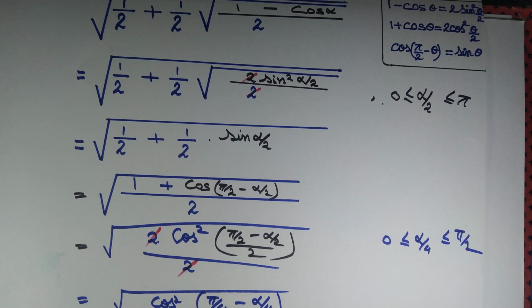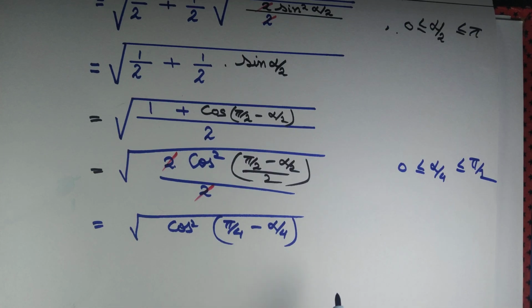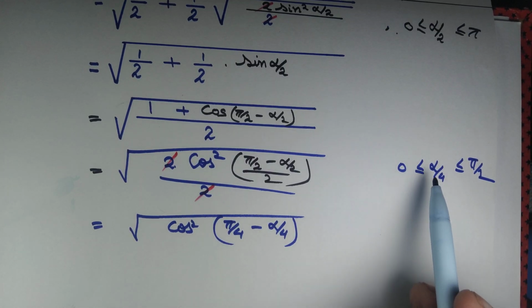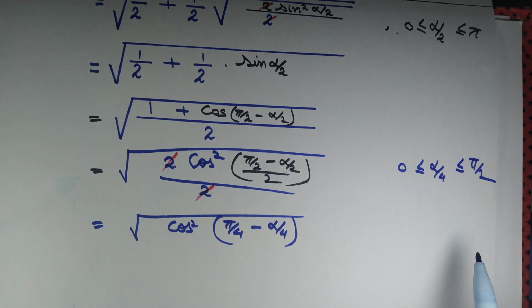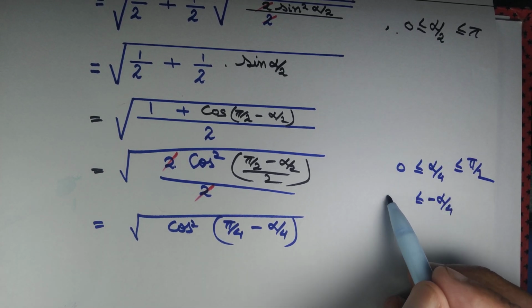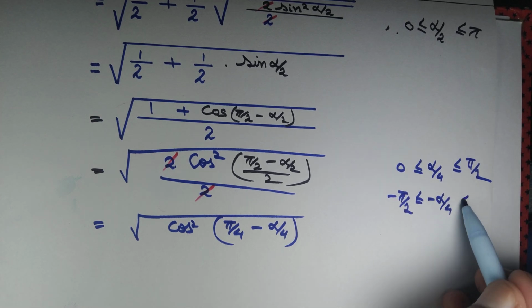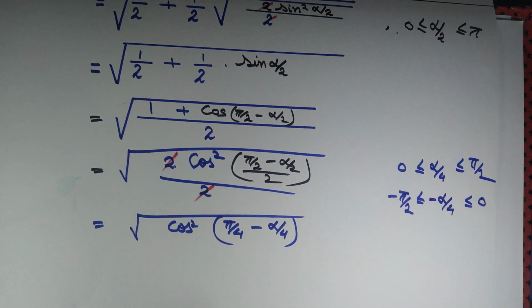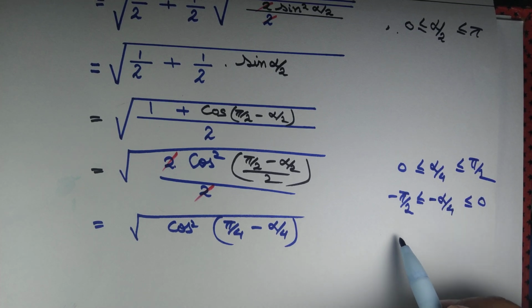What about pi by 4 minus alpha by 4? As alpha by 4 lies between 0 and pi by 2, minus alpha by 4 will lie between minus pi by 2 and 0. So pi by 4 minus alpha by 4, we just add pi by 4.